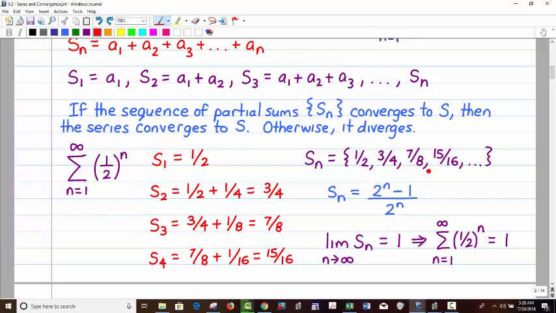So 1/2 plus 1/4 plus 1/8 is 7/8. I'm just taking the total each time and adding the new term. The next term would be 1/16.